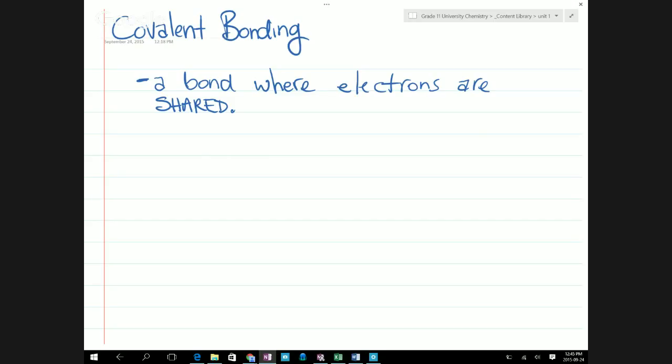So who can give me an example of something that is covalently bonded? Come on. Take your minds back to grade 10 chemistry. Well, let me ask you this. When we talked about ionic compounds, I said, what do these things almost always look like?